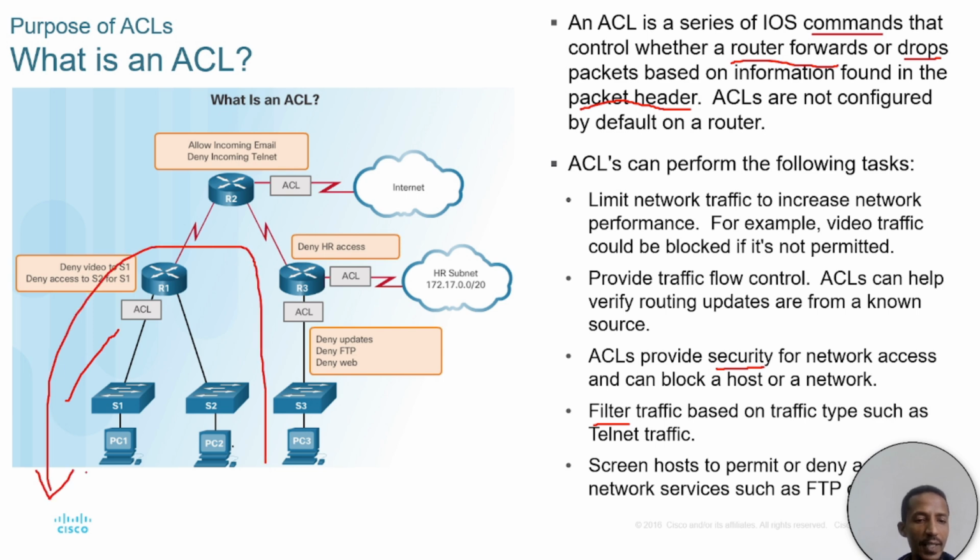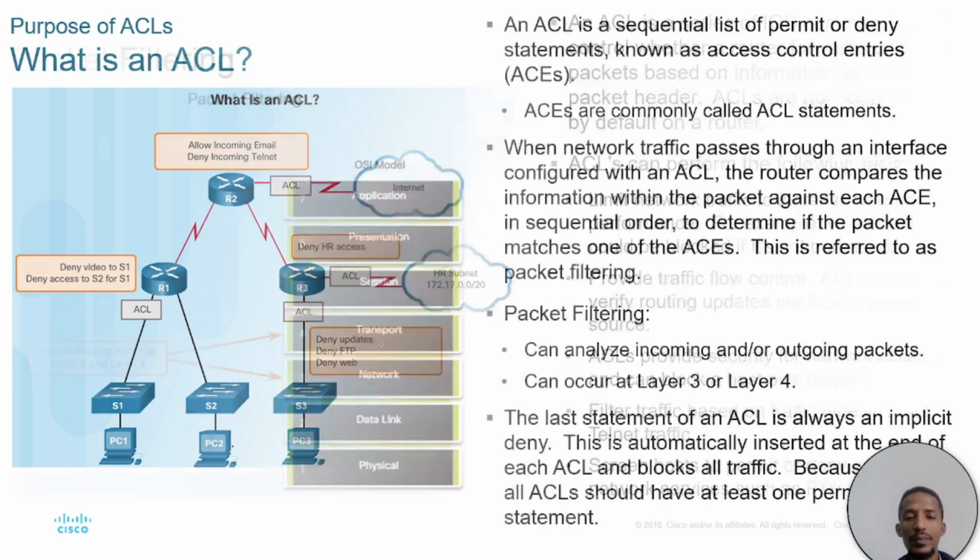So we cannot have access from PC2 to this network, and so on. We can deny FTP, and website updates can be denied. All these are mechanisms to prevent or control the traffic flow.